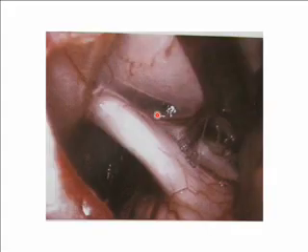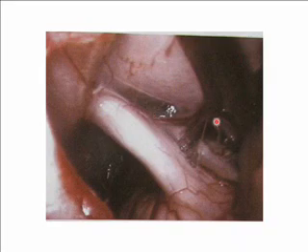In this case of trigeminal neuralgia on the left side, because the direction of the trigeminal nerve is towards the left, this is the left side trigeminal nerve, and here there are no offending vessels compressing the trigeminal nerve. But see here this small aberrant vein is passing between the fibers of the trigeminal nerve and entering into the superior petrosal sinus.